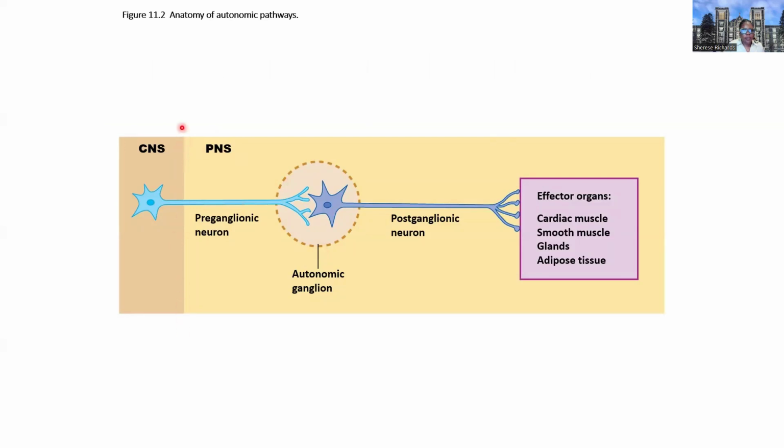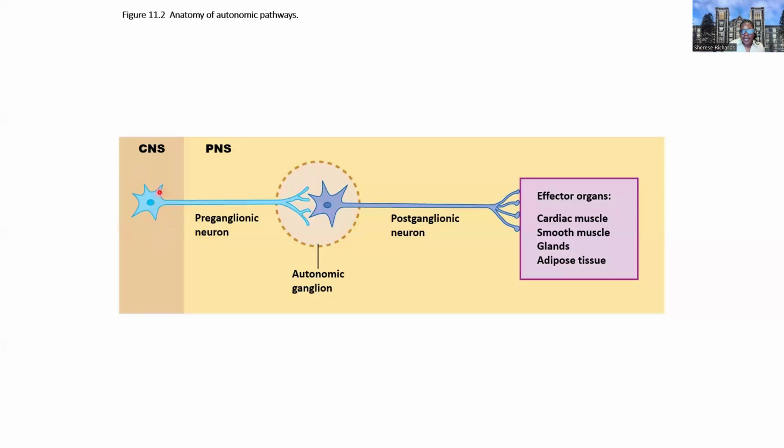Here's the CNS, brain and spinal cord. And then here is the axon going out into the PNS. Now, because we have another cell body here that's not in the CNS, this is called the ganglia. So the preganglionic neuron leaves the CNS, again, T1 to L2 for sympathetic, and then the cranial nerves and S2 to S4 for parasympathetic.